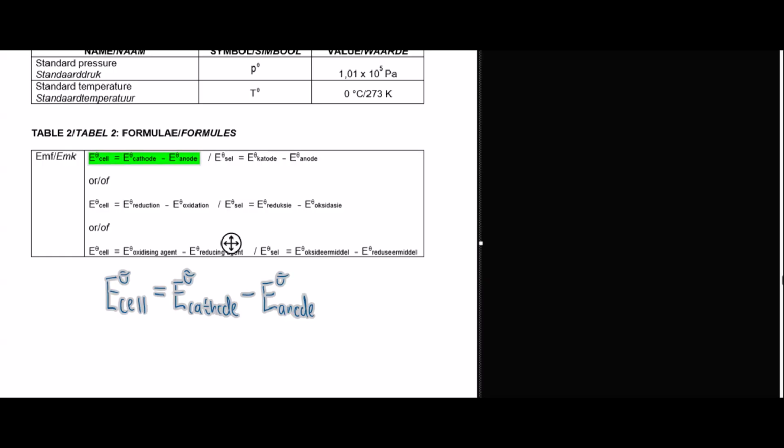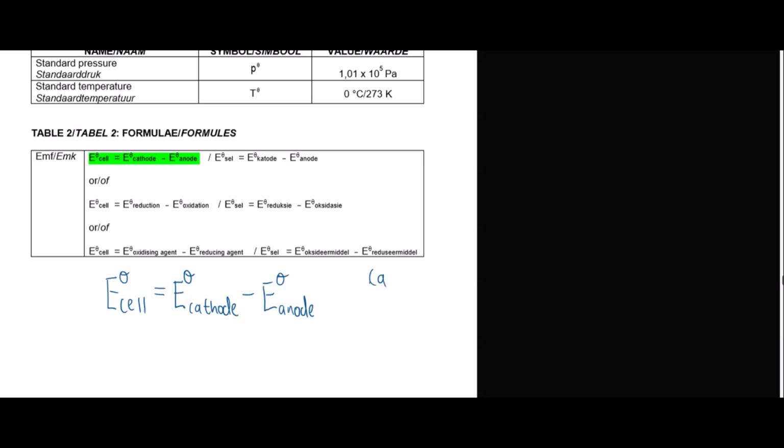If you go to the formula sheet, you will see that we have a formula to calculate the E cell naught. We have a lot of options here, and the best option is the first formula, which tells us that the E cell naught can be calculated from the E of the cathode minus the E of the anode.